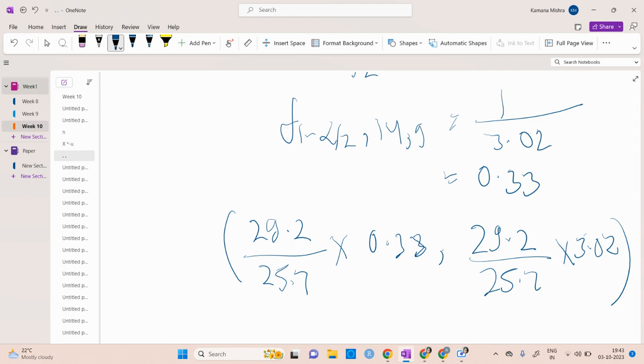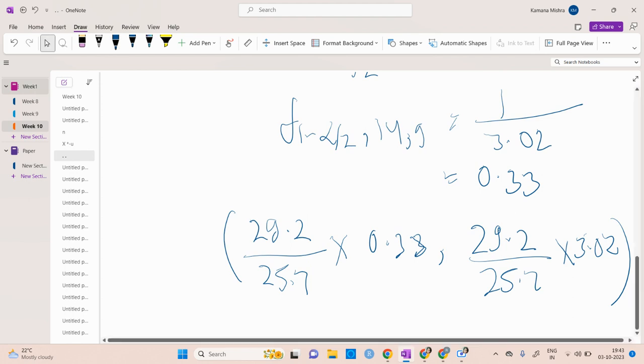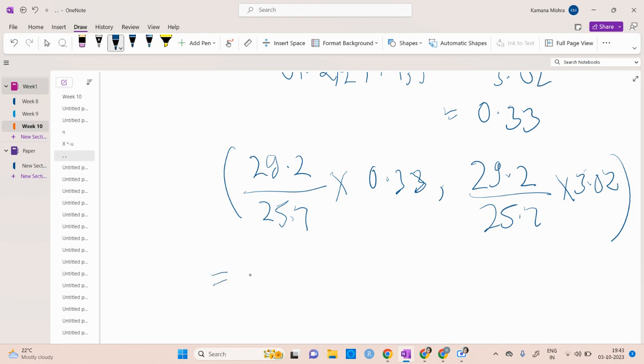So this one is your interval. So then we find 29.2 divided by 25.7 multiplied by 0.33. So this is coming as 0.37 something.